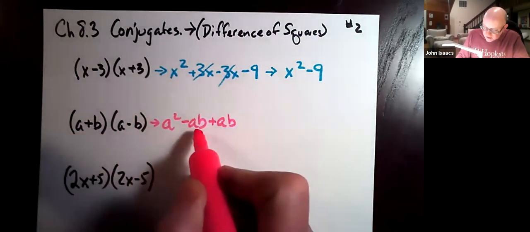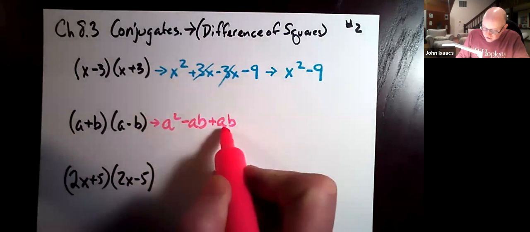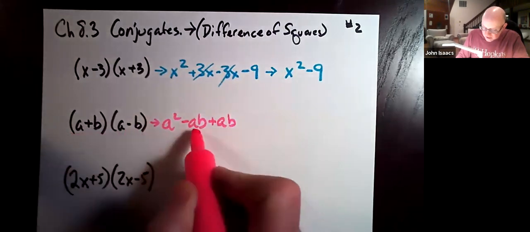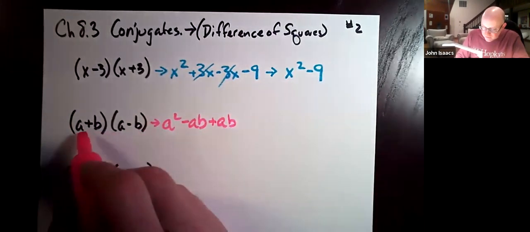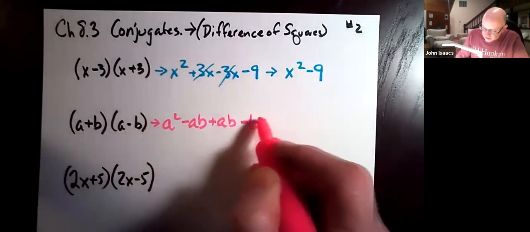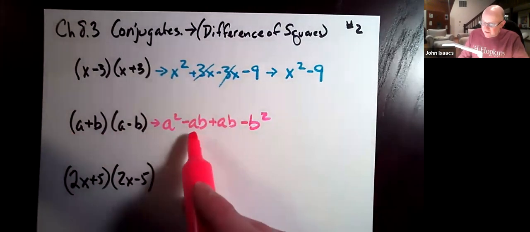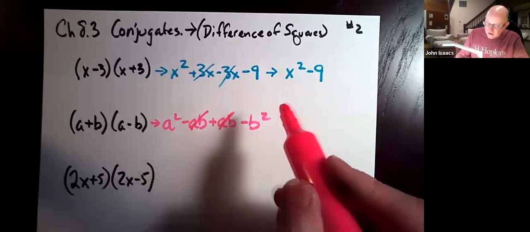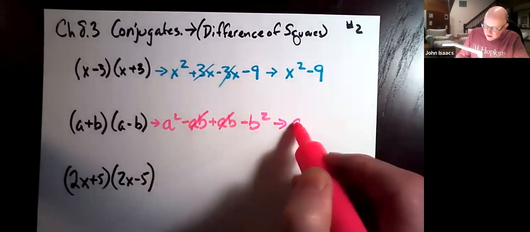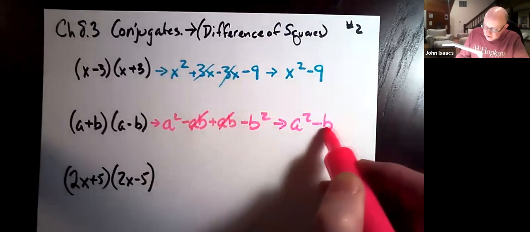So that's the outers and the inners. And then the lasts, b times negative b, minus b squared. As you can see here, we have negative ab and positive ab, so those go away, leaving a squared minus b squared.